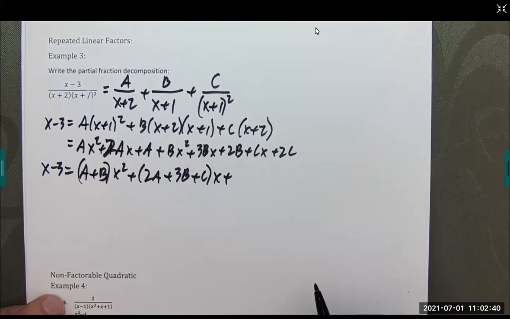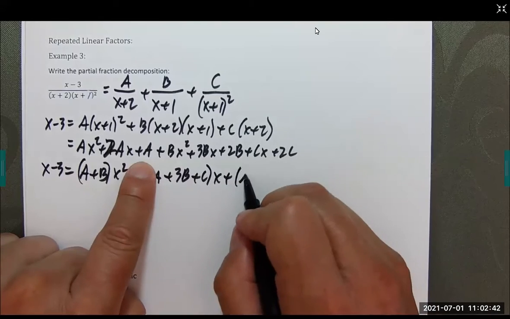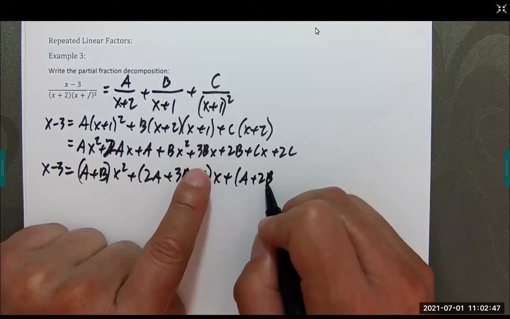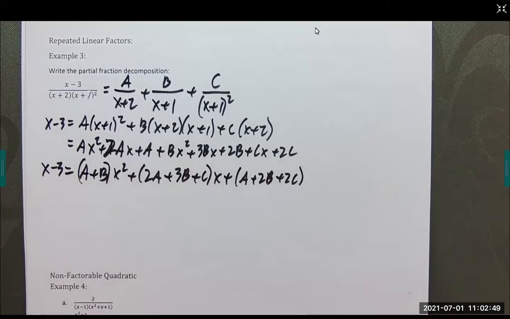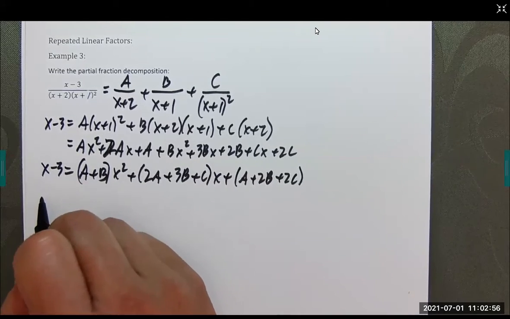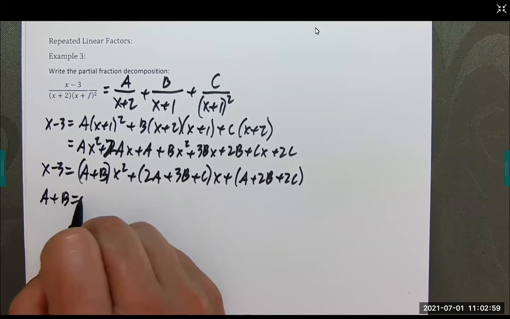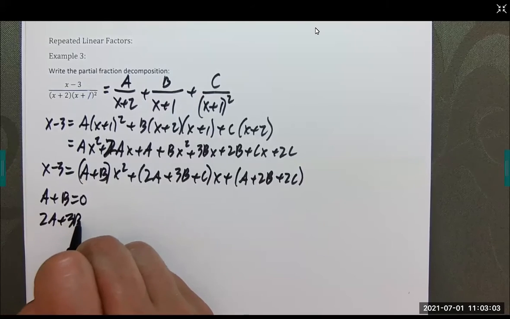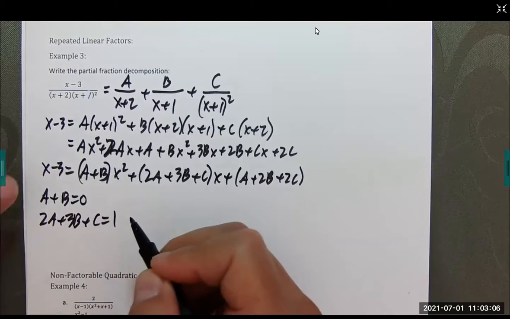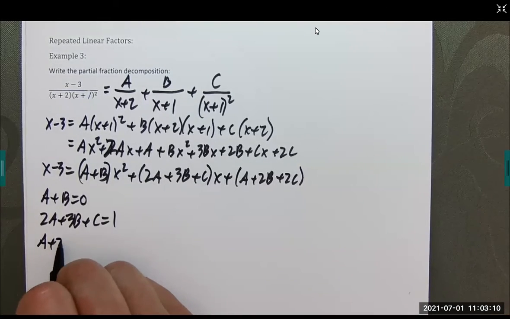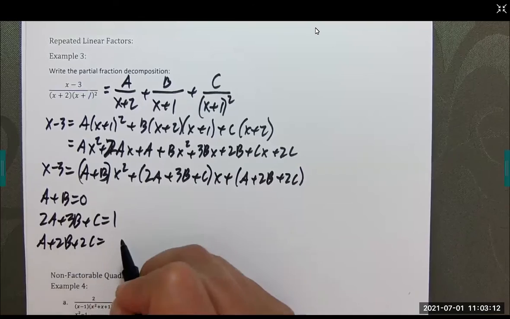And then our non-x terms, that's going to be a plus 2b plus 2c, which gives us our system of equations. So this is like 0x squared in front here. So a plus b is 0. 2a plus 3b plus c is going to be 1. That's the coefficient there, the 1 there. And then a plus 2b plus 2c is going to equal the -3.